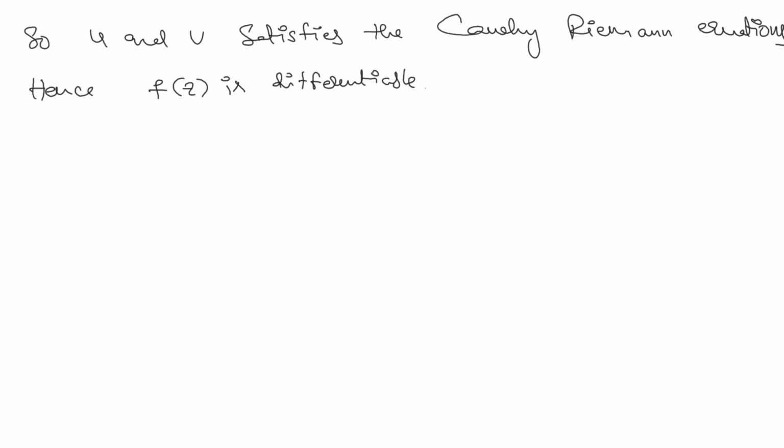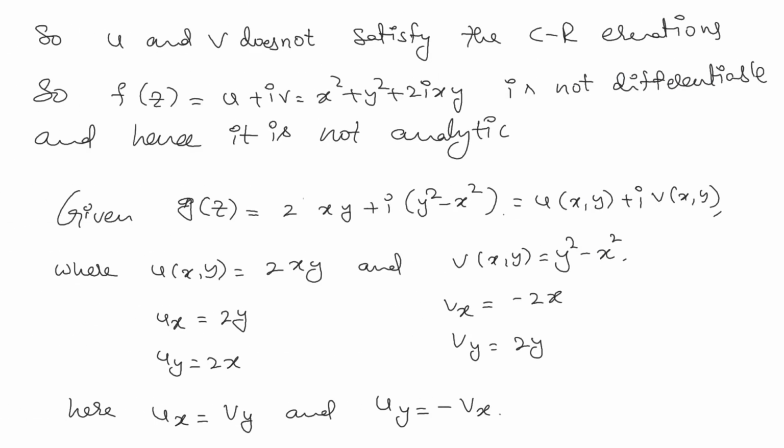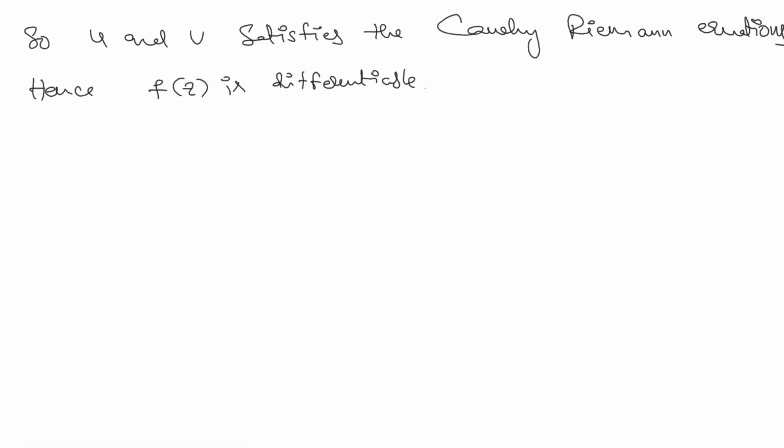But it does not mean g of z is analytic whenever the function is differentiable. The sufficient condition is that u and v have continuous partial derivatives. From the given functions u and v, we can see ux, uy, vx and vy are nothing but the partial derivatives, and these are linear polynomials of degree 1, and hence those functions are continuous.